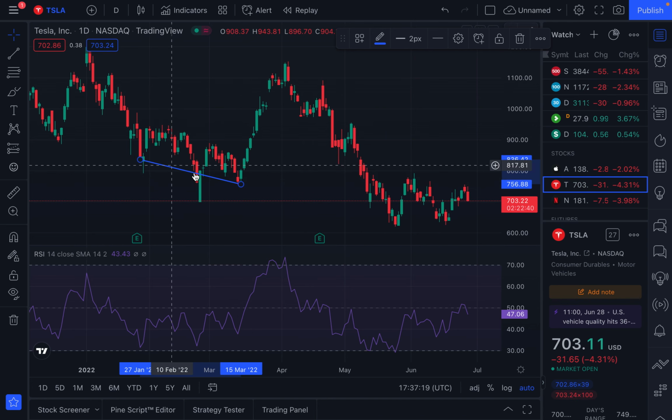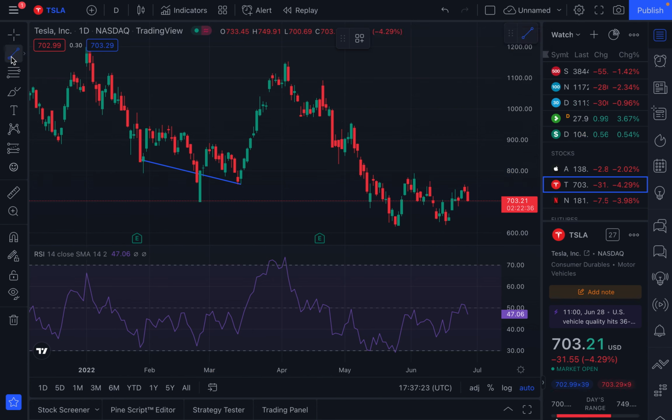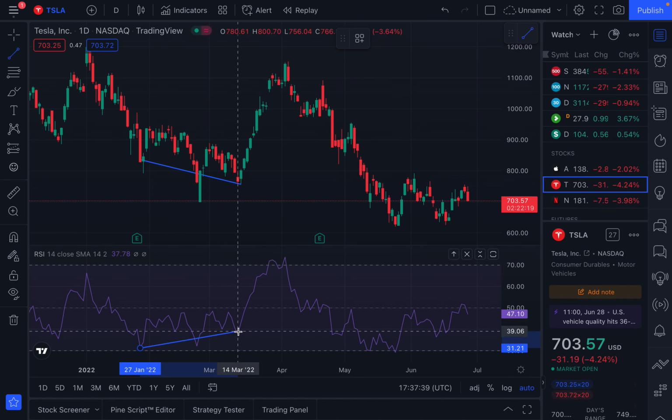This line points downwards. Now, if I add another line to the RSI indicator, starting at the exact same location that I added the line up here, and ending in the exact same location, what do we notice?